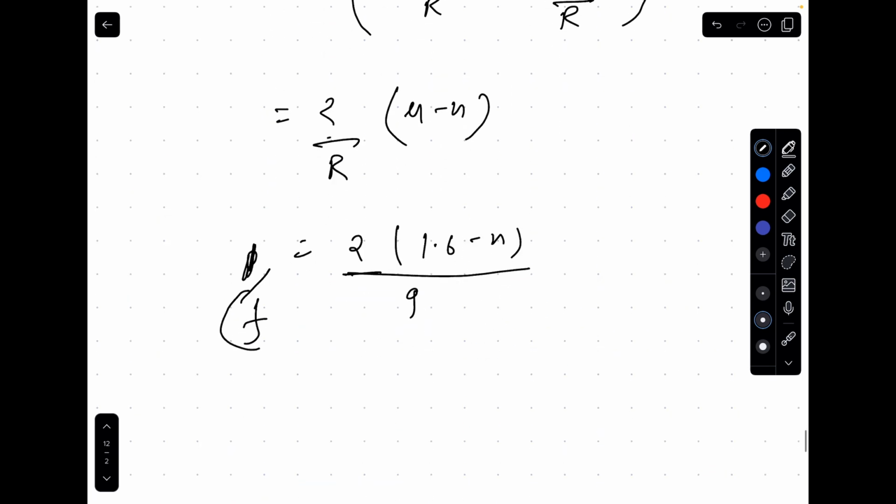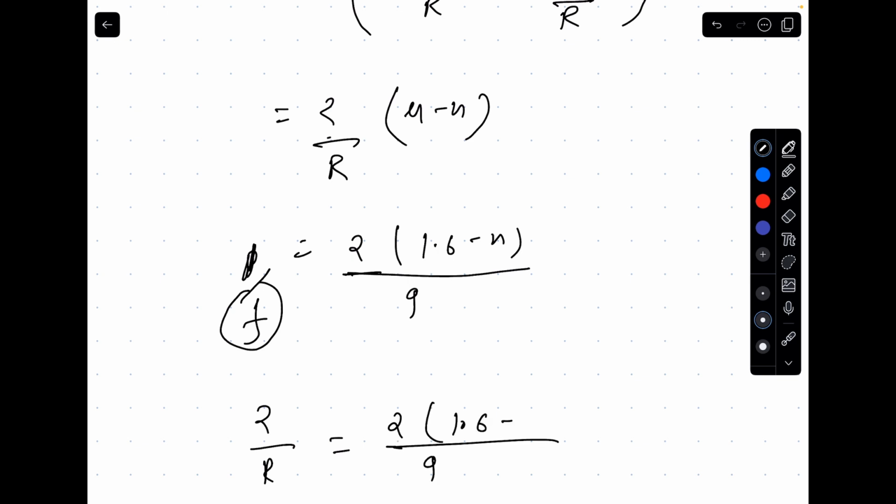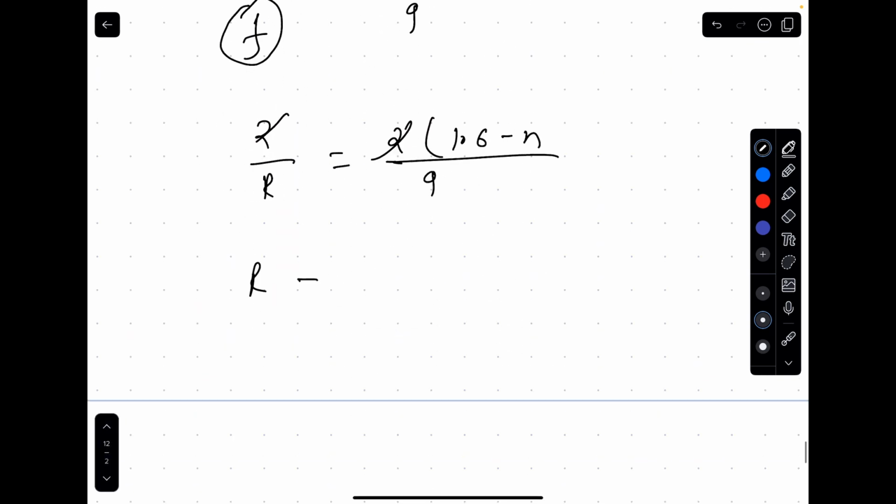So F is, we know, R by 2, so that is 2 by R is equal to 1.6 minus n divided by 9. Okay, 2 will be cancelled out, so basically R is 9 divided by 1.6 minus n.